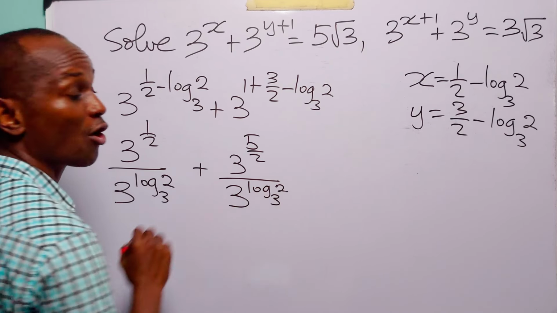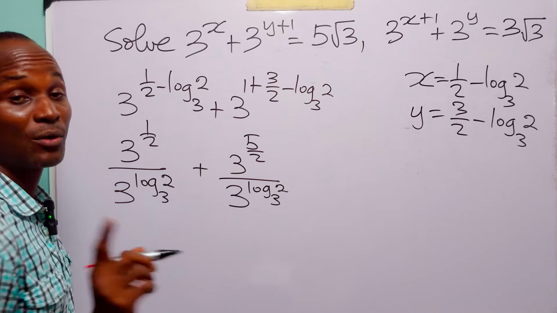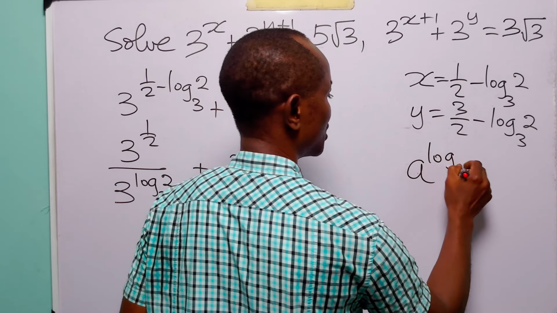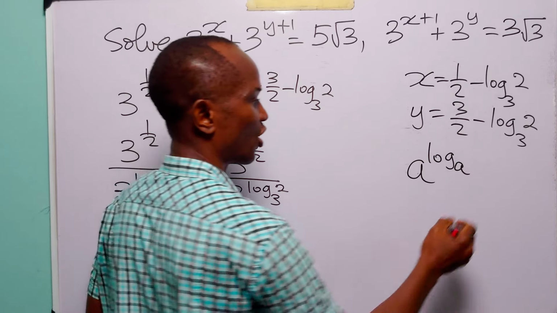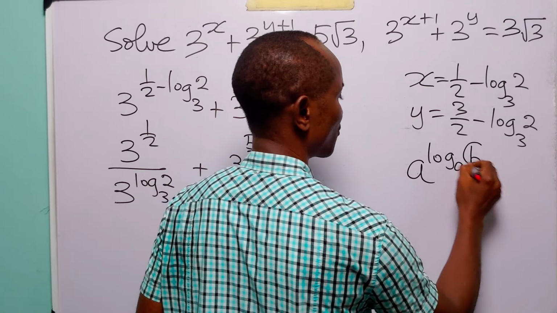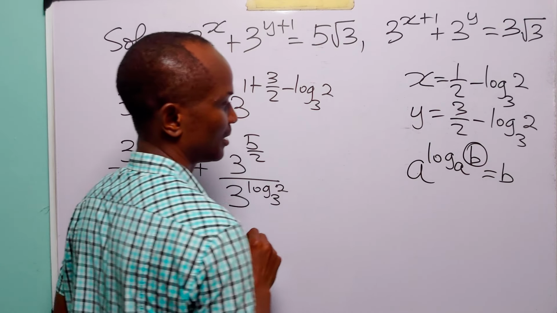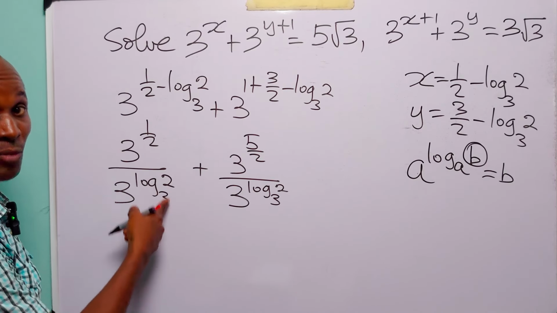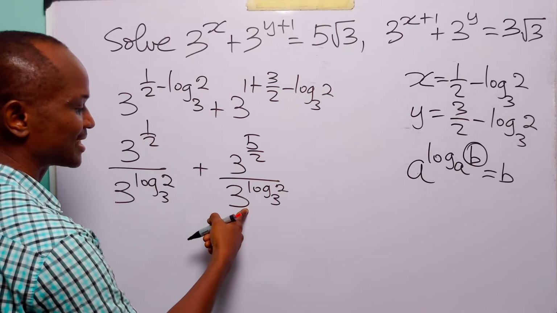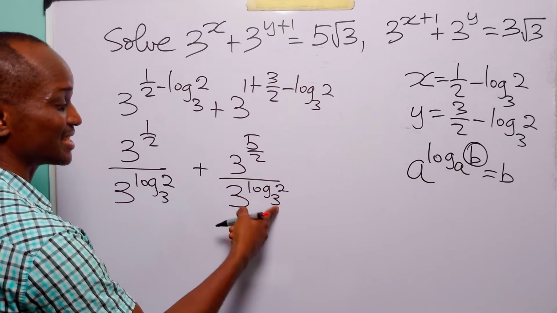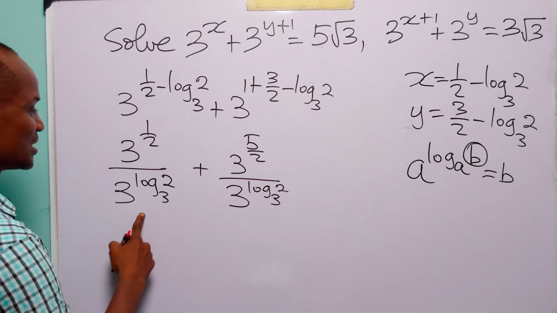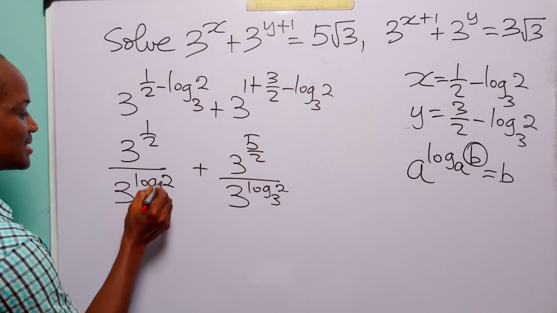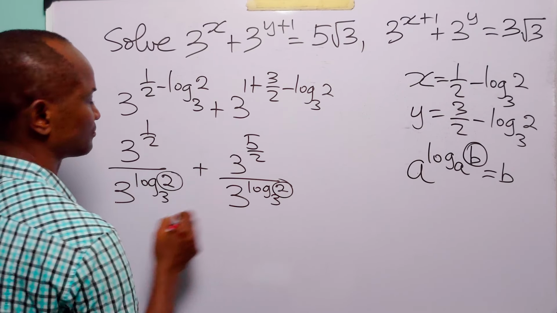Now, let us remember that a to the power log to base a of b is equal to b. Here we have 3 to the power log to base 3 of 2. And in this case, we also have 3 to the power log to base 3 of 2. So the denominator in these two cases is simply 2.